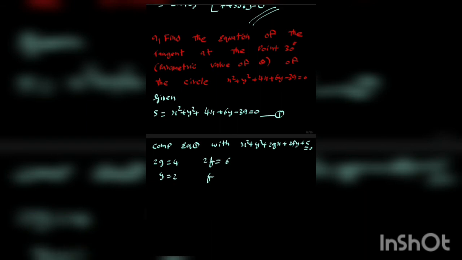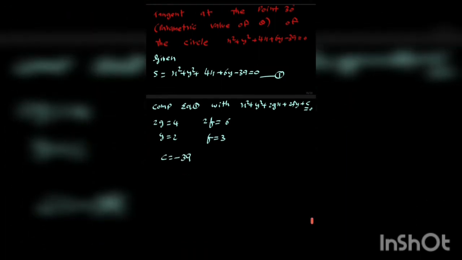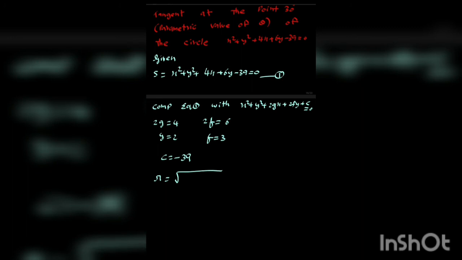So 2g is equal to 4, so g is equal to 2. 2f is equal to 6 and f is equal to 3, and c is equal to minus 39, and r, that is root over g square plus f square minus c.